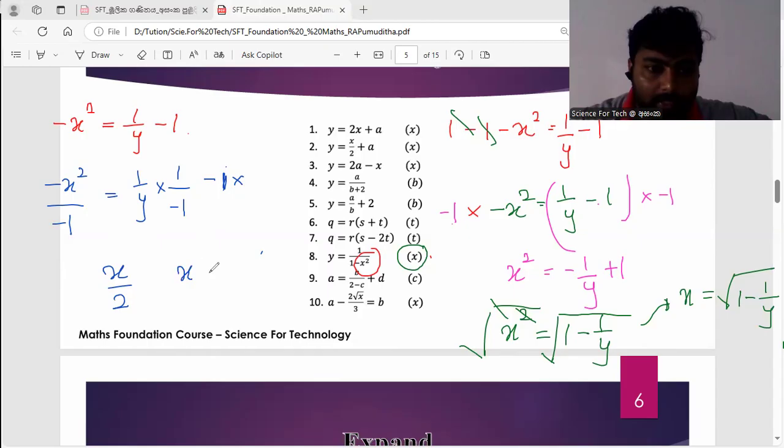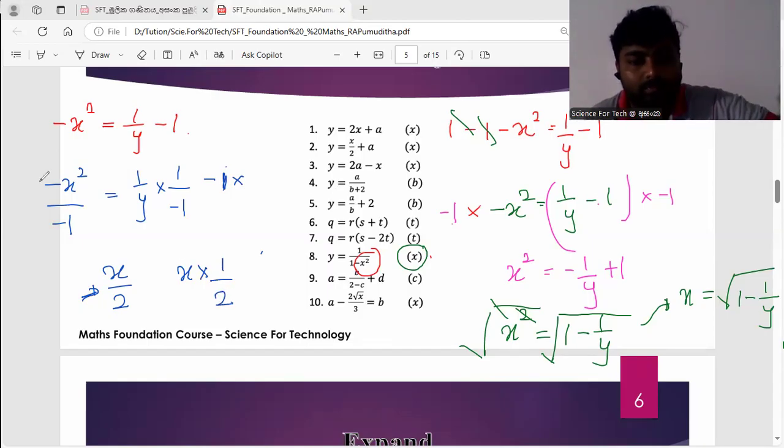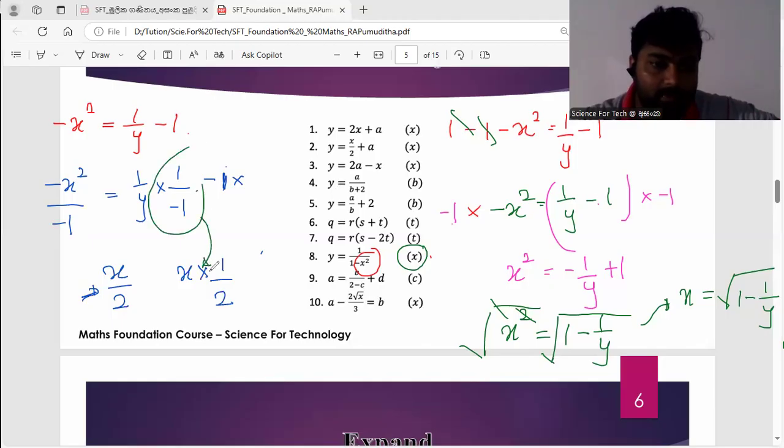Then can't I write this part like this, x into 1 divided by 2? I have written this in this manner. Understood or not? Understood, sir. However, 1 divided by minus 1 actually becomes minus 1.